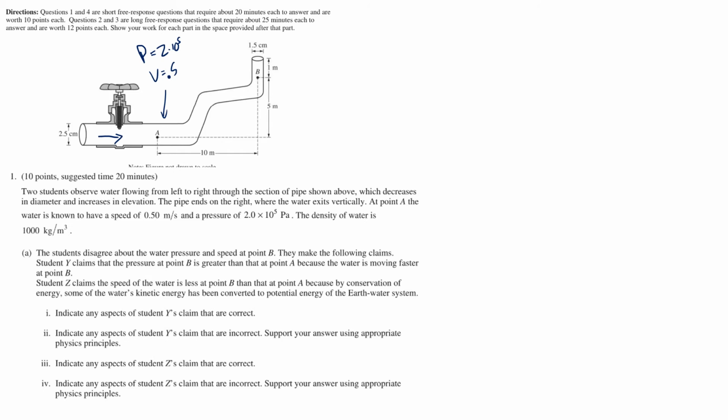Student Z claims that the speed of the water is less at point B than at point A by the conservation of energy. Some of the water's kinetic energy has to be converted to potential energy of the Earth system. Yes, okay. So there's something right in both of them. Of course, that's how it typically plays out.